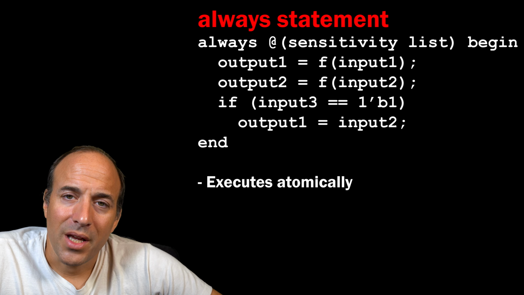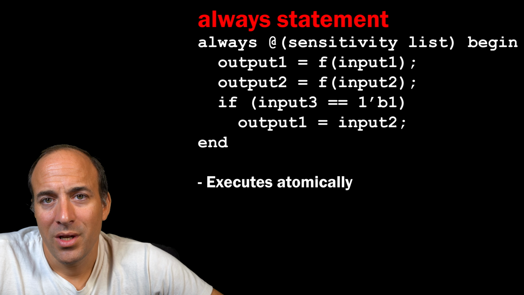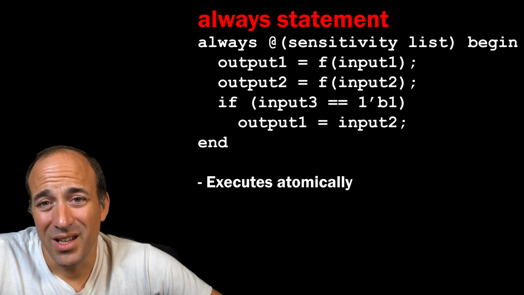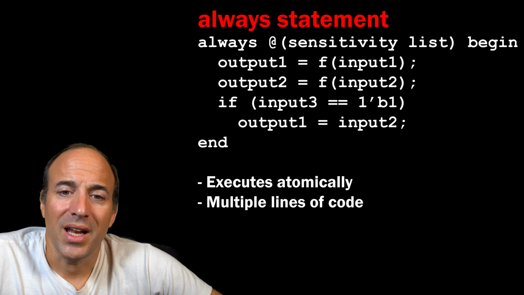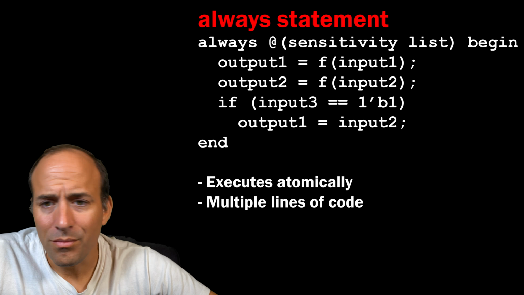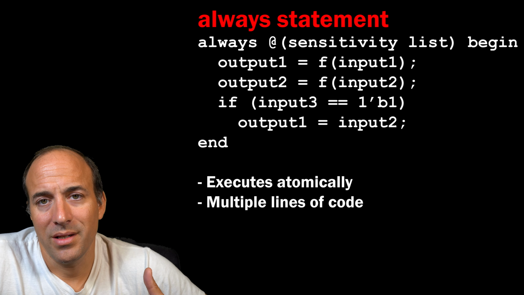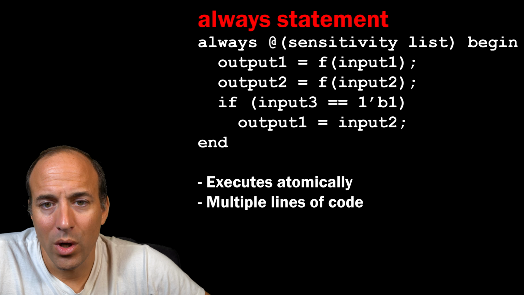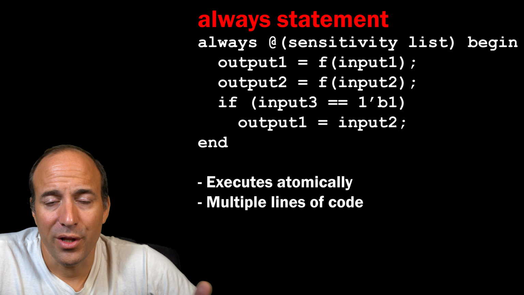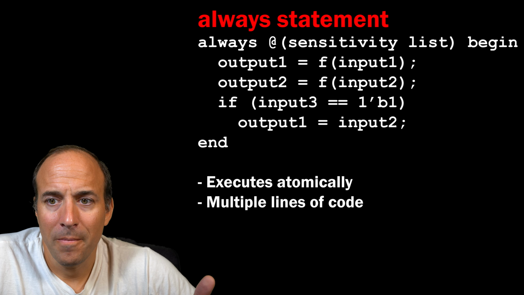But always statements have three features that a continuous assignment statement doesn't. The first is that its outputs can be determined using multiple lines of code whose control flow is sequential, meaning that one line of code builds on the results of previous lines of code.